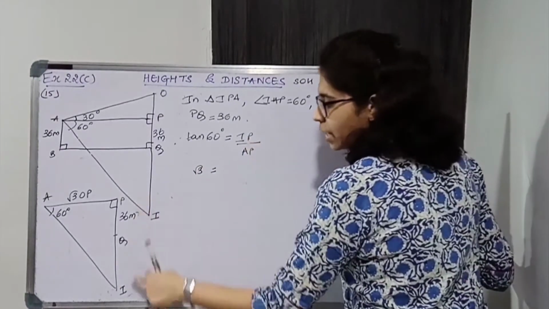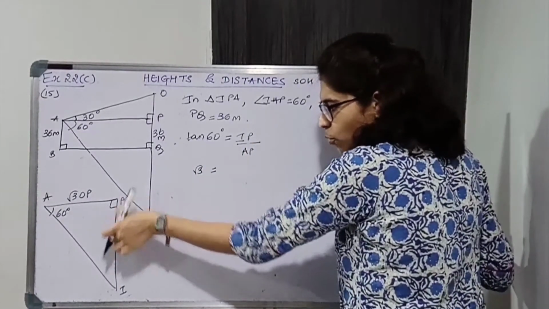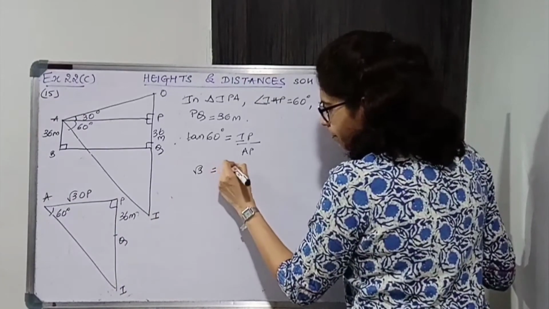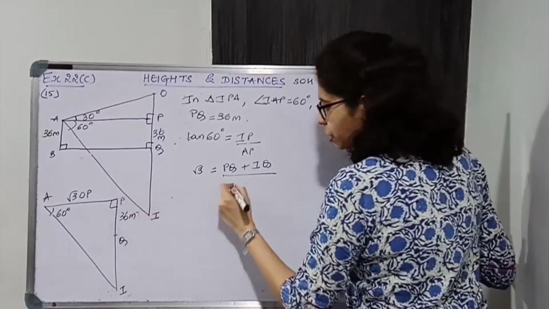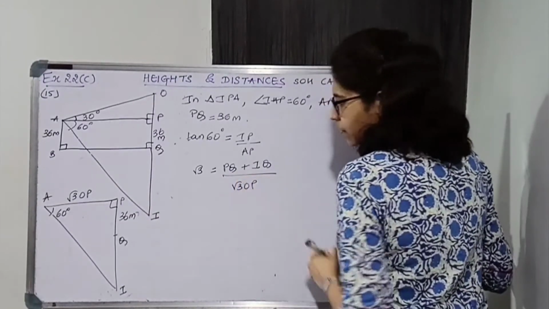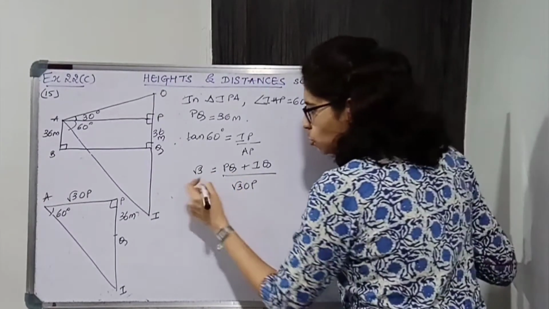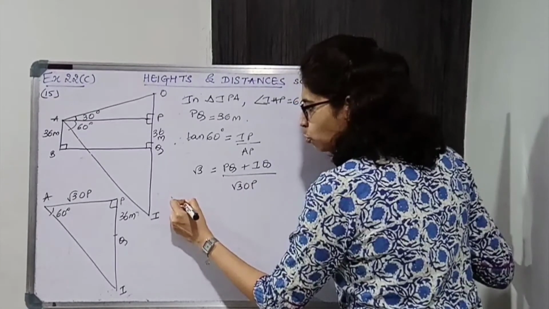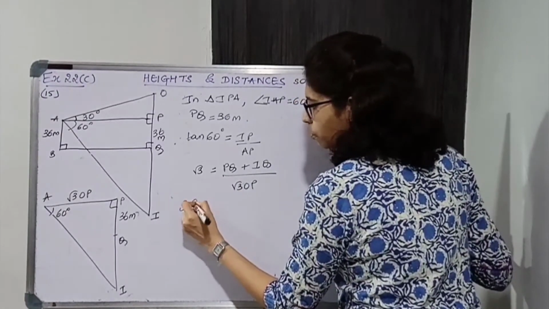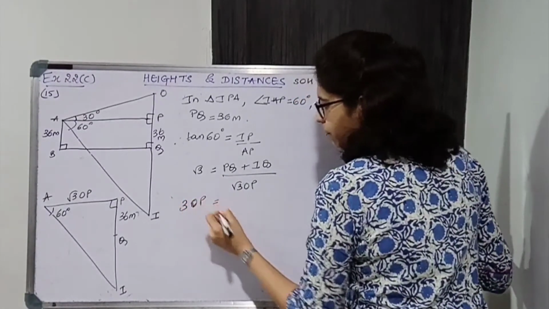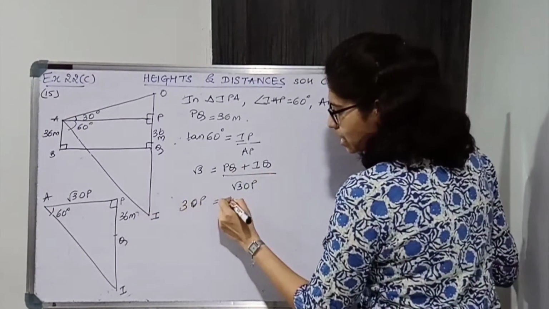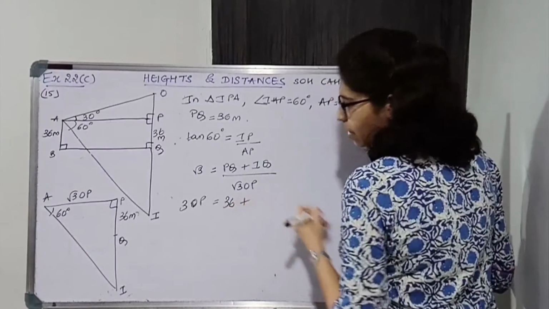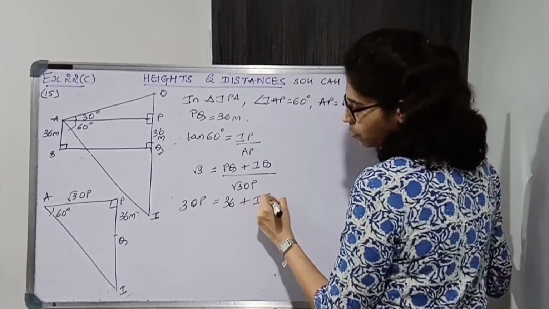IP, we'll break IP. It is PQ plus IQ upon AP, which is root 3 OP. Shift root 3 OP first. So this will become root 3 into root 3, which is 3 OP. Okay, now PQ plus IQ. PQ is 36 plus IQ.